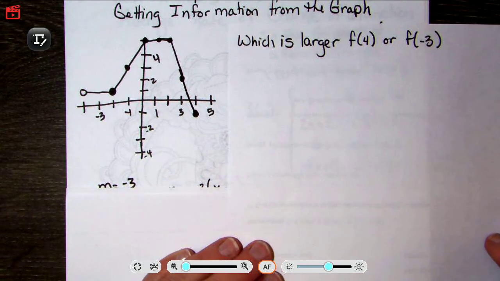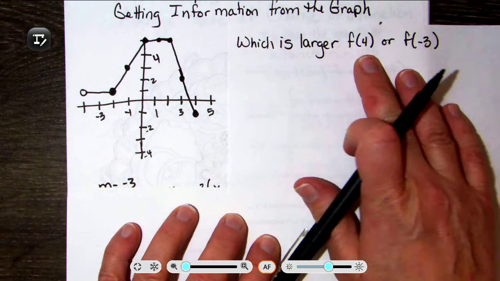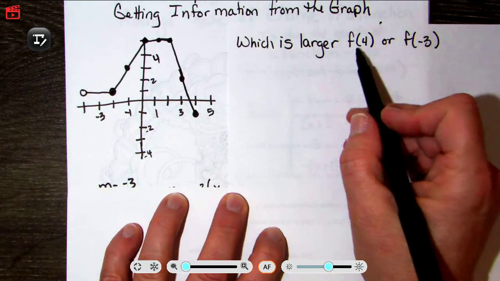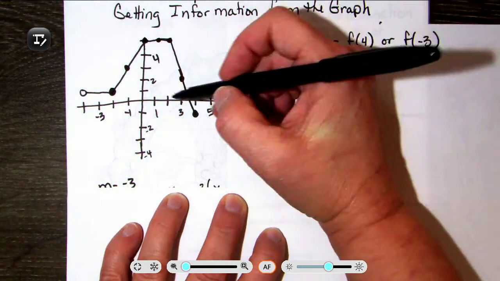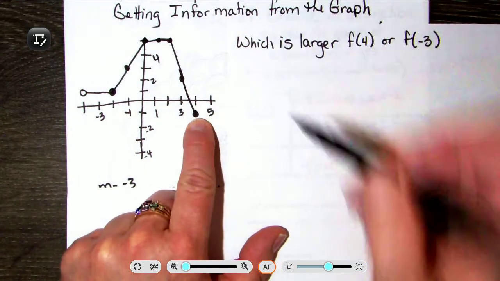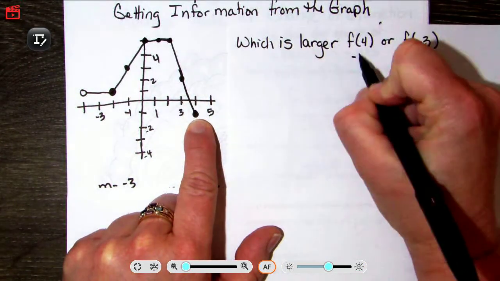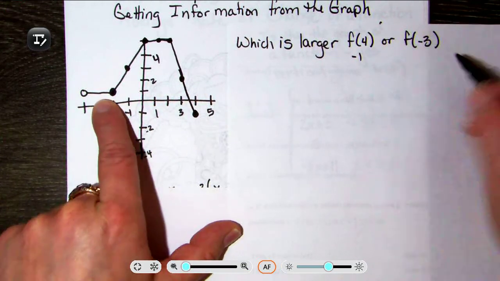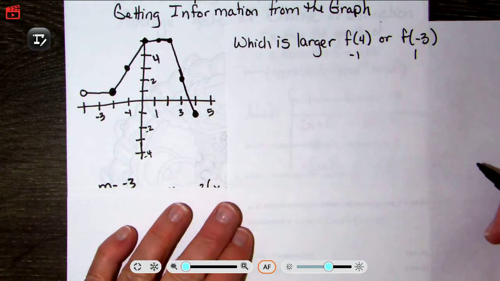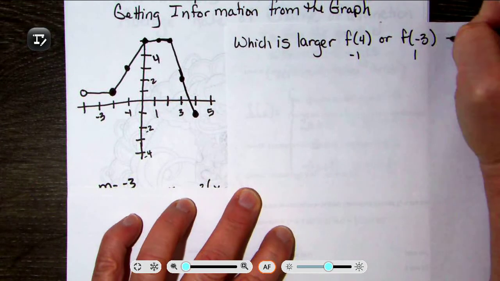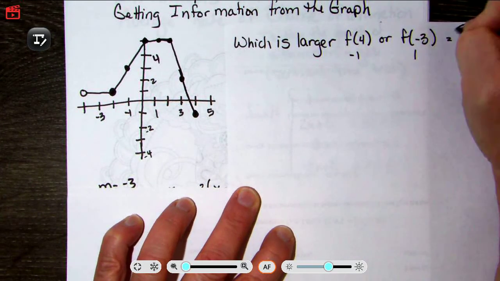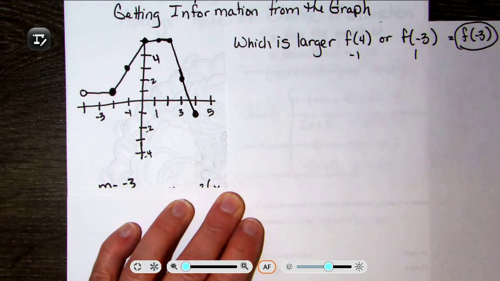Okay, so we want to calculate or evaluate or compare f of 4. So the function at 4 is down here, is at a -1. The function at -3 is a +1. So which is larger? That would be f of -3. Would be the larger value.